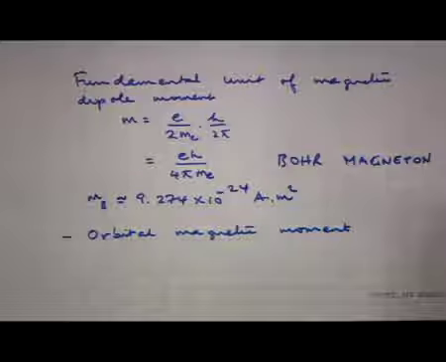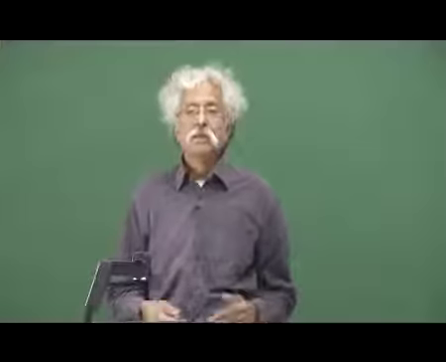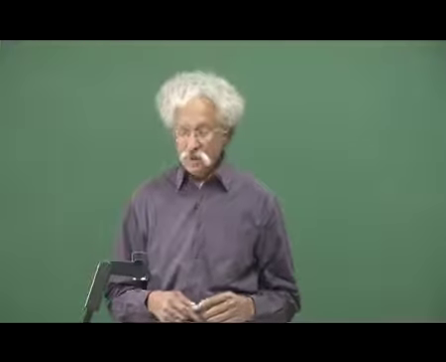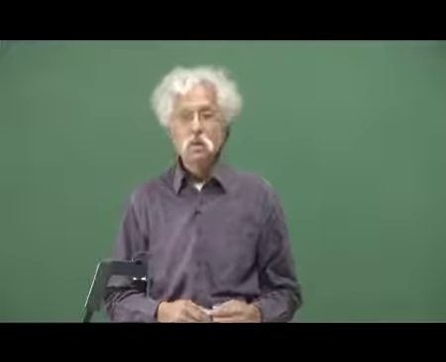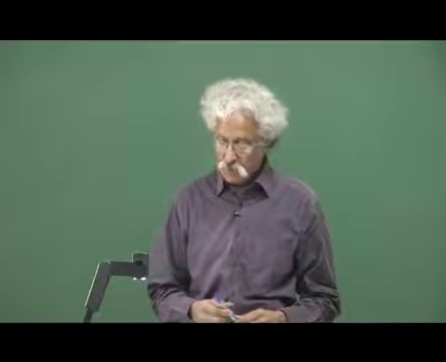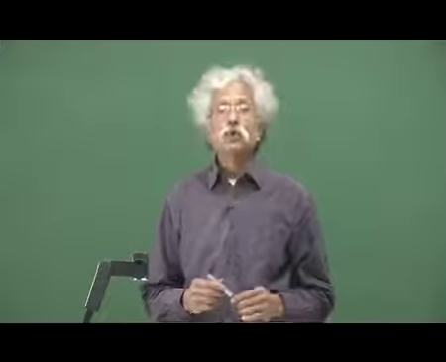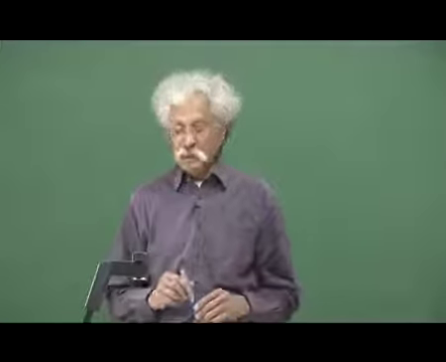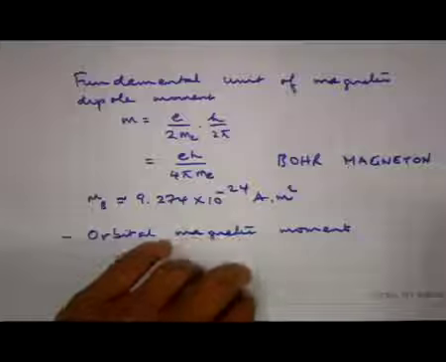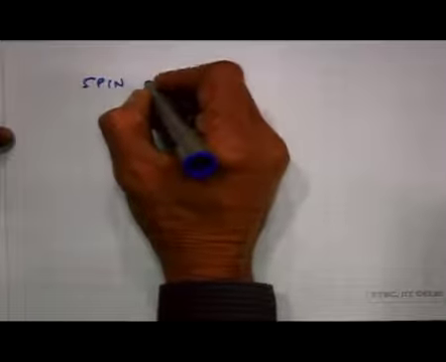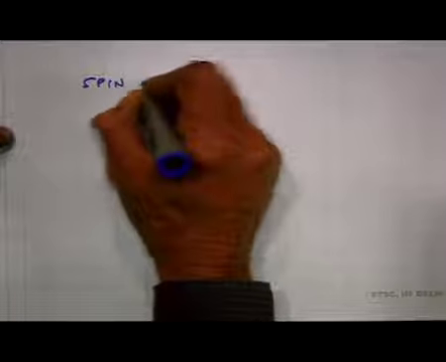Each of the circulating electrons within the atom has an orbital angular moment, and the total moment can be obtained by adding vectorially the orbital magnetic moments of each of the individual electrons. Now, it is also found that apart from this magnetic moment, electrons also possess another very important quantity, which is called the spin angular moment, and the spin magnetic moment.